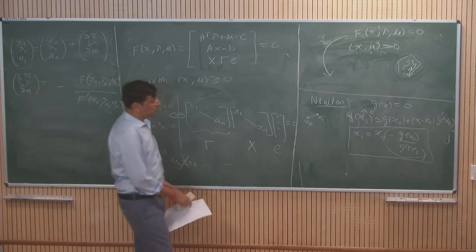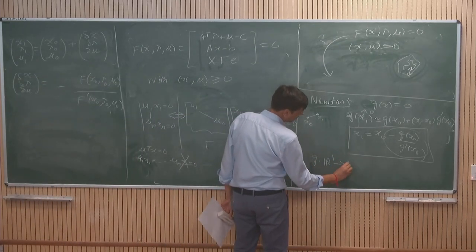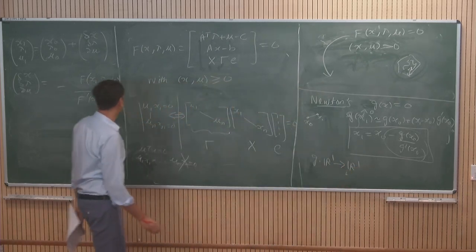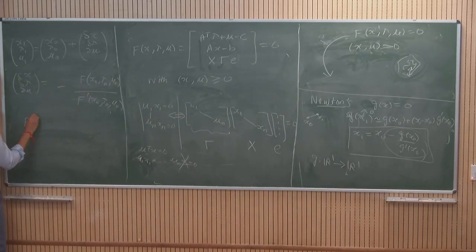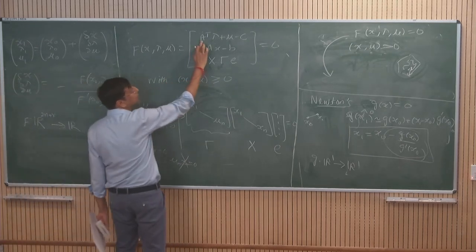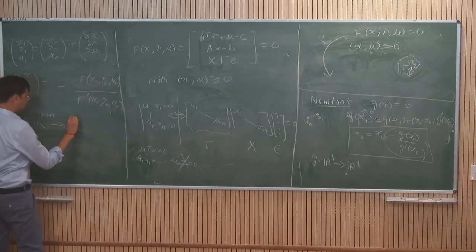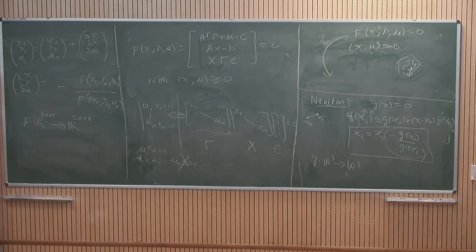There G was going from one-dimensional space to a one-dimensional space. Here your F is going from how much space? X, lambda, mu, 2n plus r space to 2n plus r. Correct? So is there a derivative of a function of many variables and a vector valued function?